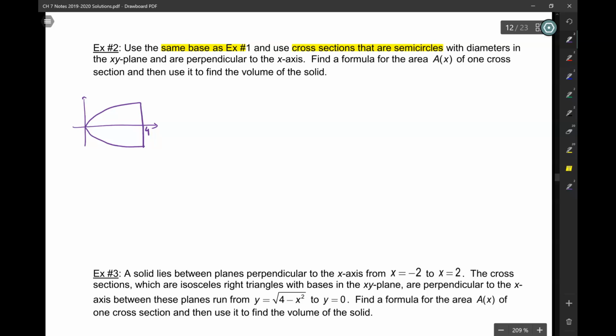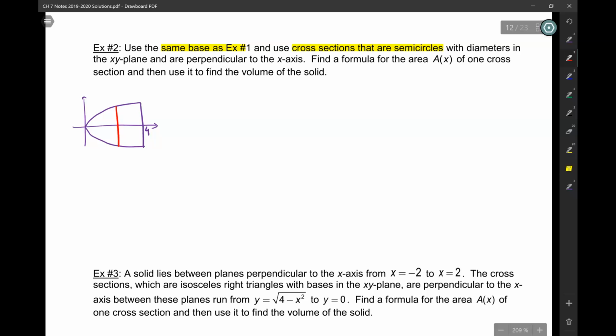Now I have semicircles. The cross sections are semicircles with diameters in the xy plane perpendicular to the x-axis, like this. So now a diameter then is this. This is one of the diameters.